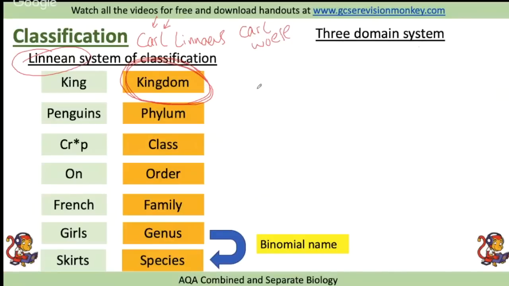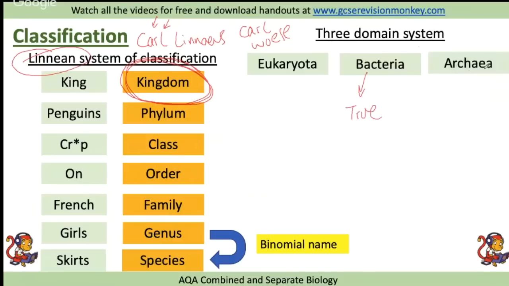So he said, above kingdom, we should have three domains called eukaryota, where all the eukaryotes are, so plants and animals. All the bacteria should be in a separate one. And this is your true bacteria, what you know as those kind of single-celled things. And then archaea is the third domain. Now, these two are very similar because they are actually both bacteria.